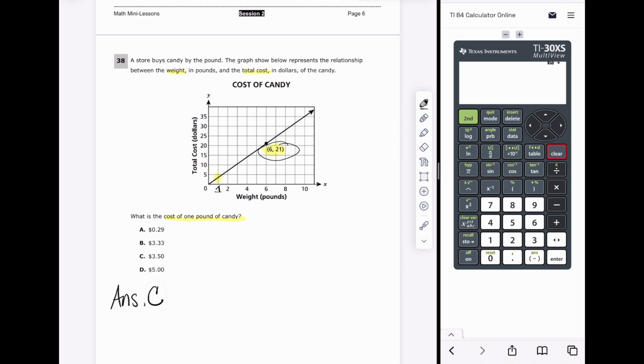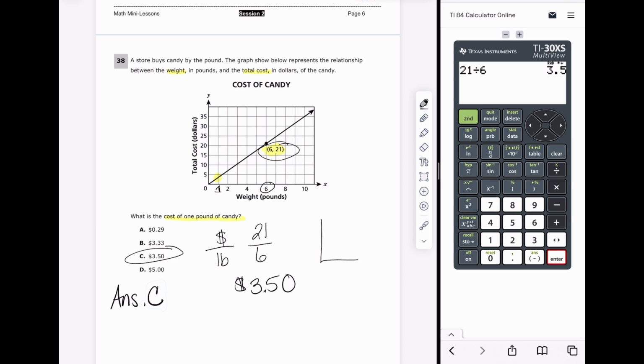And I want to know the cost per pound. Okay, so in this point here, it's telling me that 6 pounds is equal to $21. So if I want to find a unit rate, again, you could just divide 21 divided by 6. And there you go. 3.5 or $3.50.